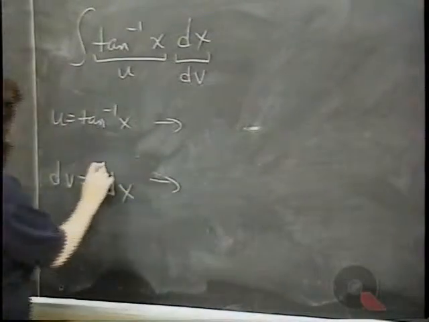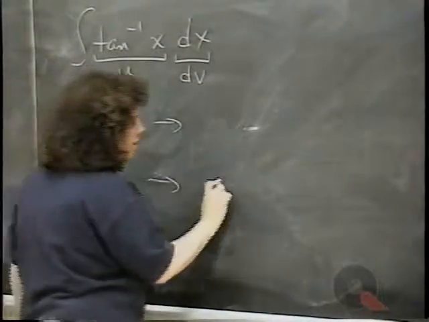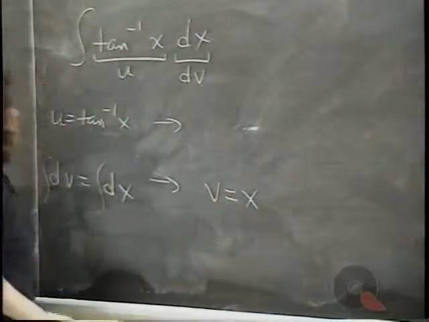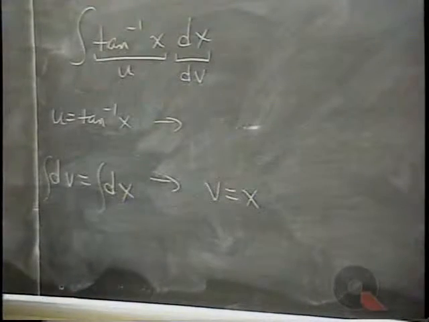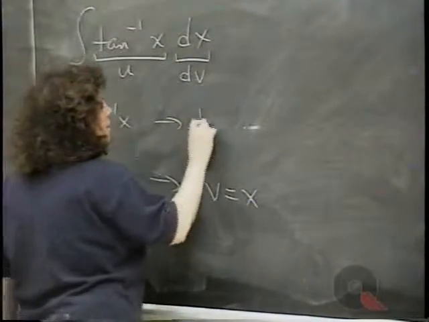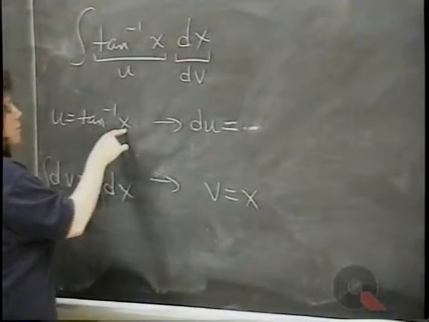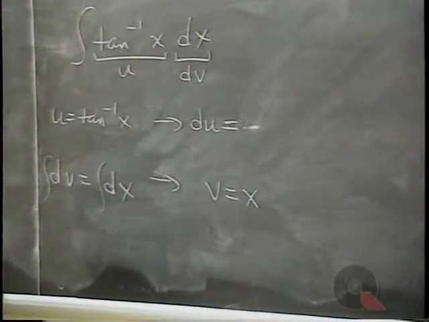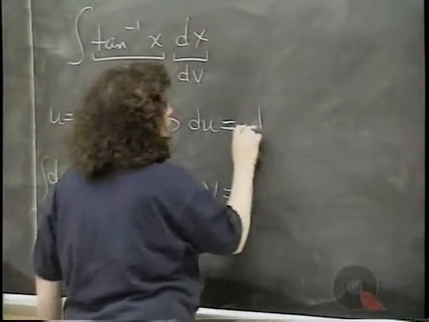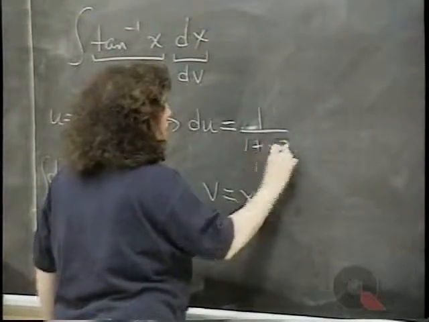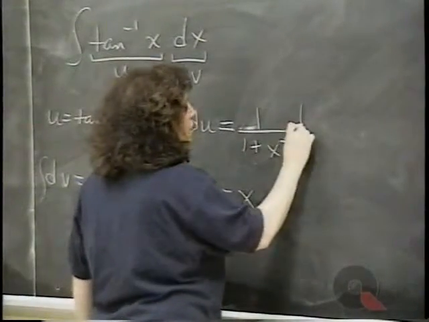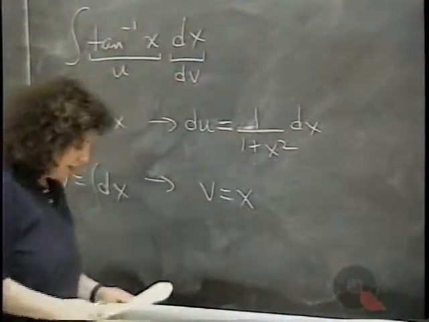Now, to integrate both sides, we get that v is equal to x plus a constant, and to differentiate, du/dx would be the derivative of inverse tan x, which is 1 over 1 plus x squared, and du would be 1 over 1 plus x squared dx.